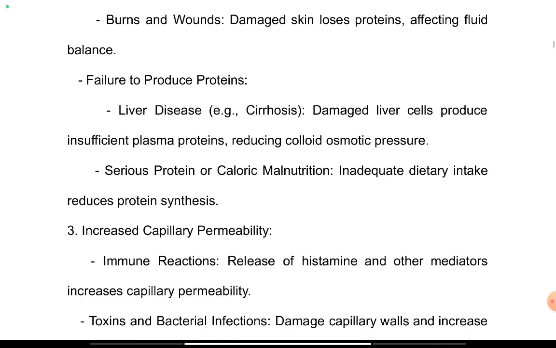And in a situation where there's failure to produce proteins, that could also lead to reduced colloid osmotic pressure, like in liver disease, or when an individual is not eating enough protein, like in PEM or PCM, protein calorie malnutrition, such as kwashiorkor, marasmic kwashiorkor, marasmus, just name it.